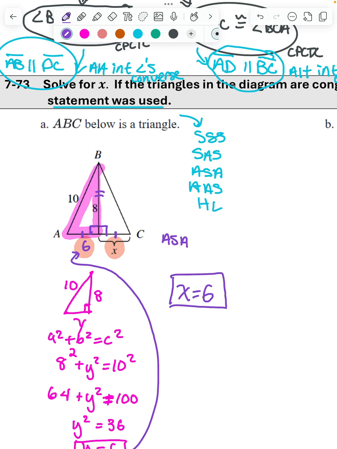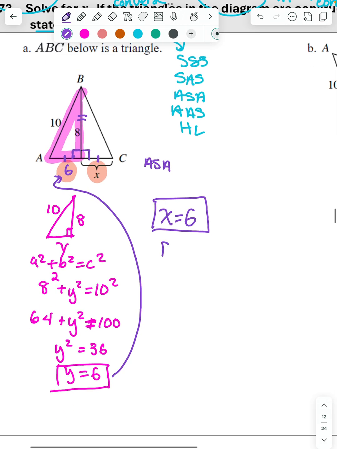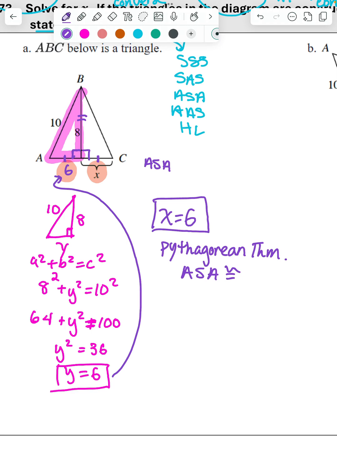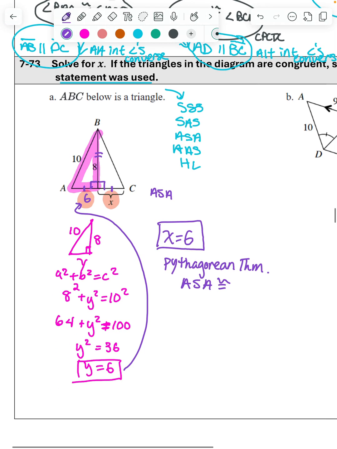So x equals 6. And I found this due to using Pythagorean theorem. And again, that's a squared plus b squared equals c squared. And I also used ASA congruency to find x.